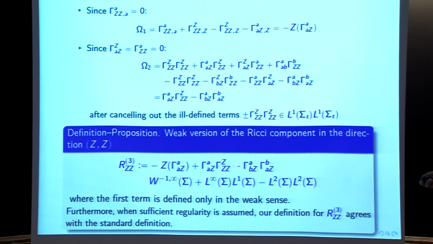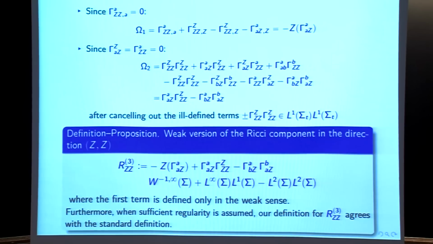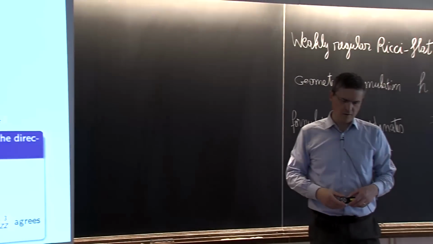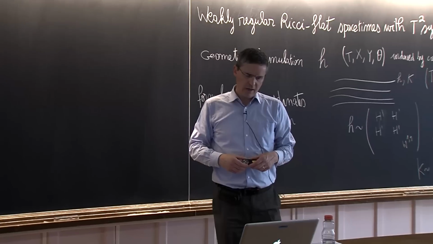And then we had products where some of them are of the form L infinity L1, so they are well defined, and some others are of the form L2 times L2, which are also well defined. Okay. So we see that we can define RZZ at this weak regularity level.